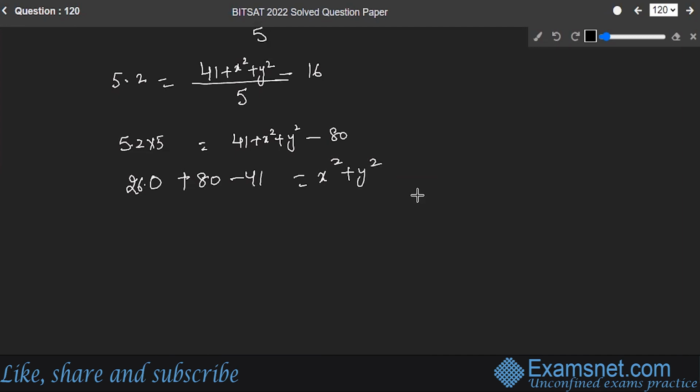Or you have x square plus y square equal to 106 minus 41. This gives me 65. Right. So I have x square plus y square is equal to 65.